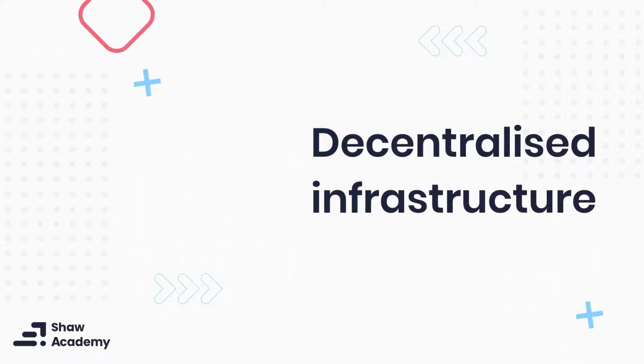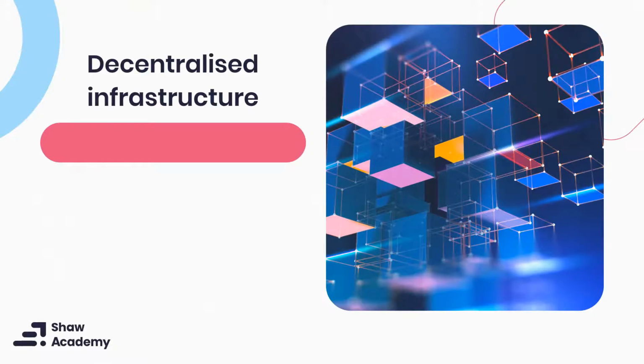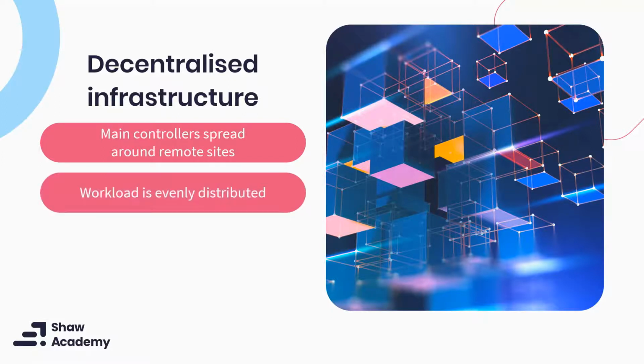The term decentralized clearly refers to items spread around with no central focus. In the case of a decentralized network infrastructure, the main controllers are spread around remote sites rather than having one centralized server. In the decentralized infrastructure, the workload is evenly distributed among all remote sites.